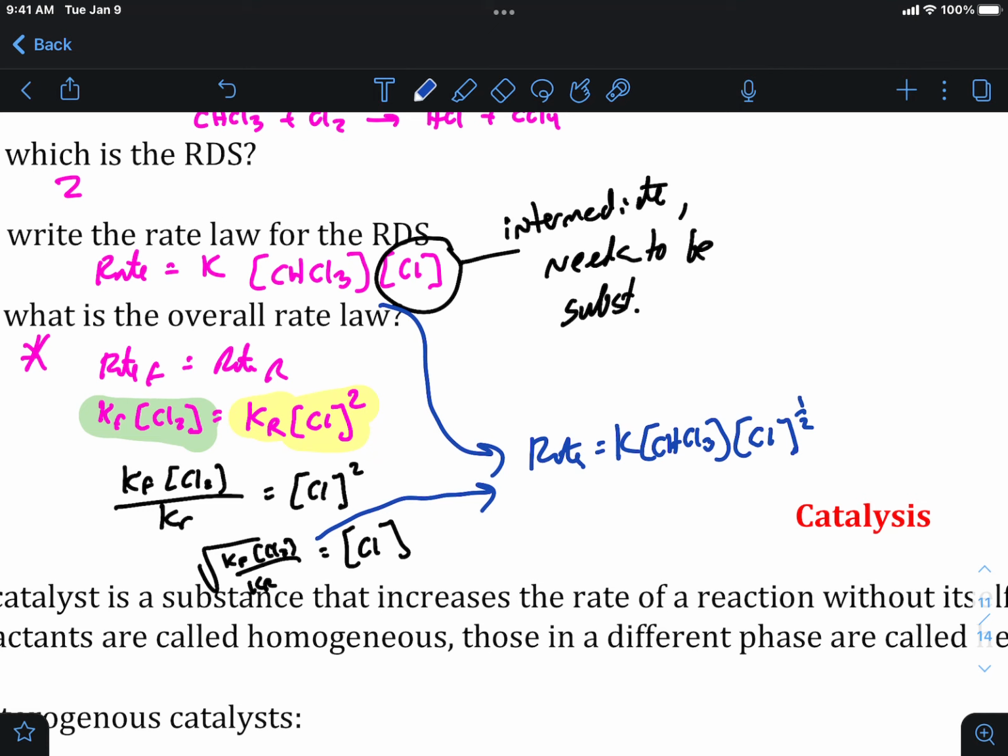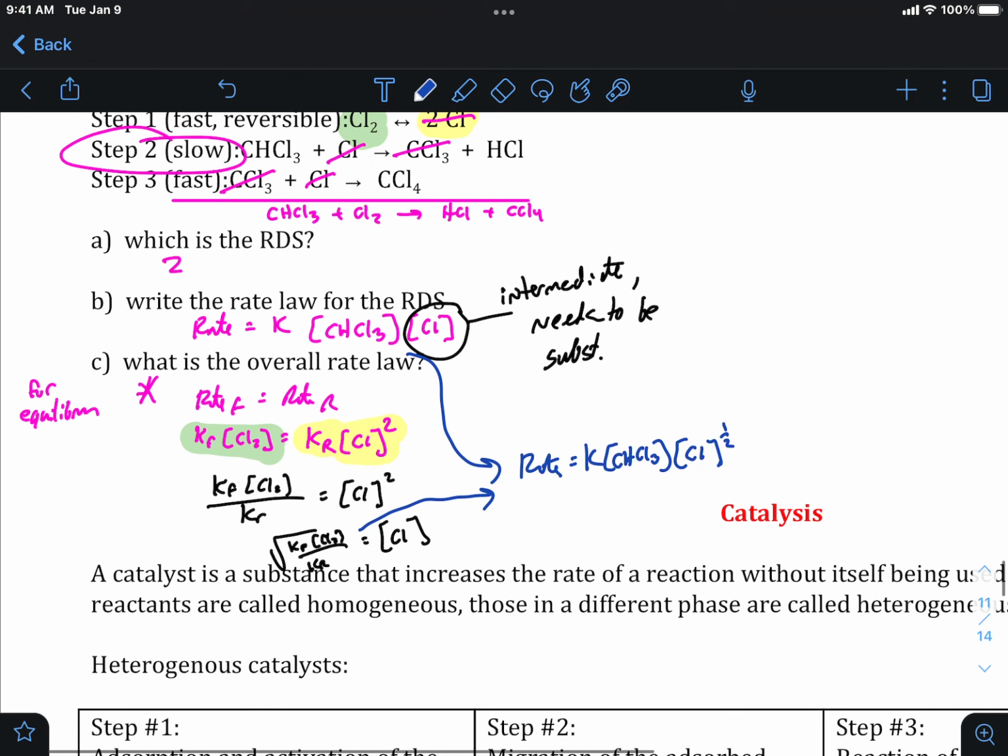That's what you're inserting for Cl instead. All right, that one was a little messy. And that's a good place to stop.